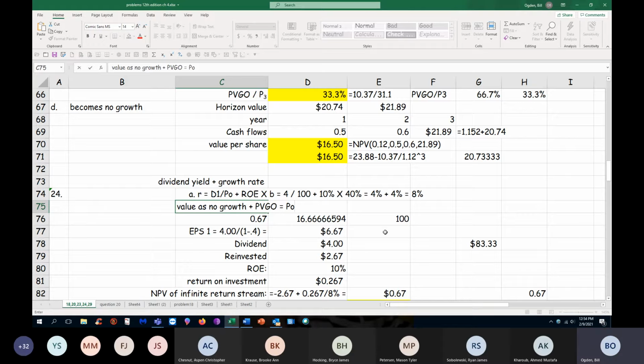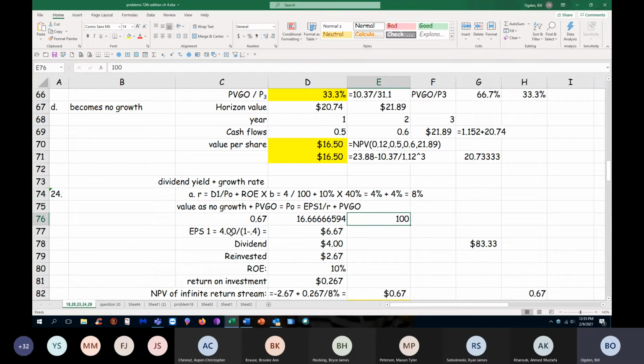Can I value this as a no growth? Well, yes. Let's continue this equation if I could. Oh, it is EPS 1 divided by R, that's the value as a no growth, plus PVGO. Right? Price we know.